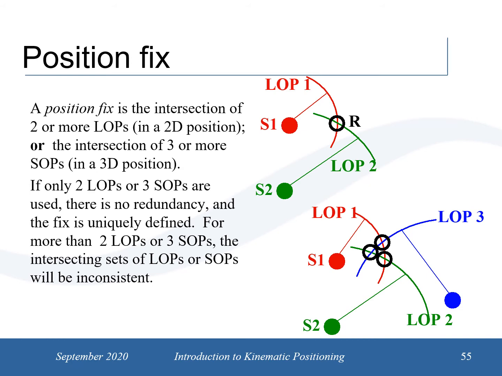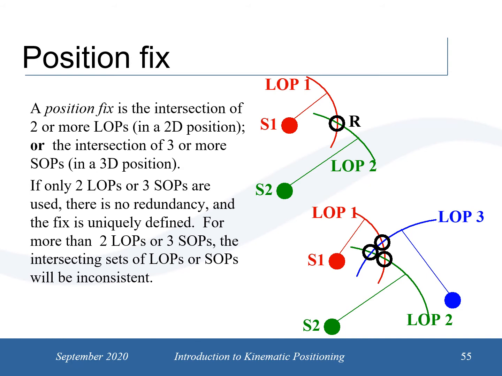Now, if we have a situation in which we have, for example, 3 lines of position, now we have line of position 1 in red, line of position 2 in green, and we're adding this third line of position in blue. The advantage is that we are adding redundancy.